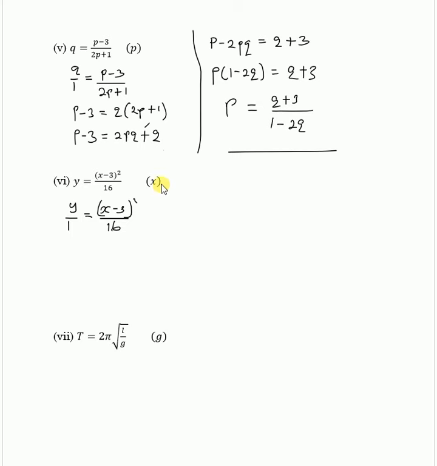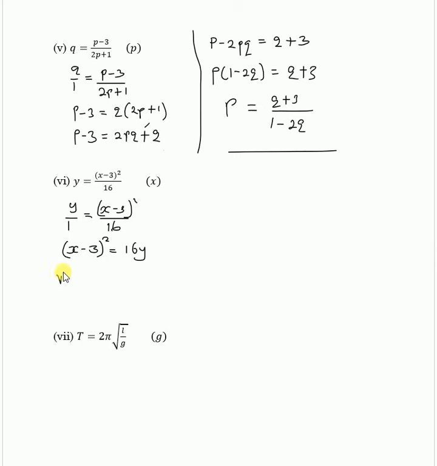They want us to make x the subject of the formula of this equation. Cross multiply 1 times that, we shall have x minus 3, the whole thing squared, is equal to 16y. And then because this one is squared, we are going to get a square root on both sides.